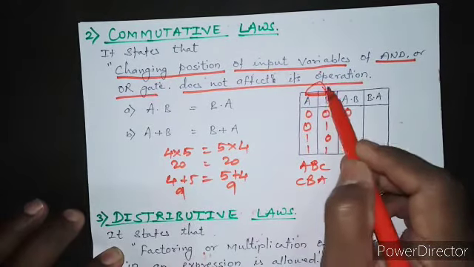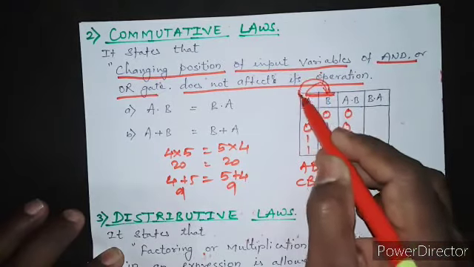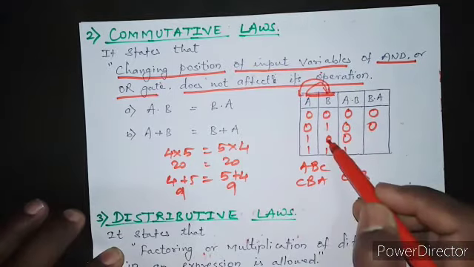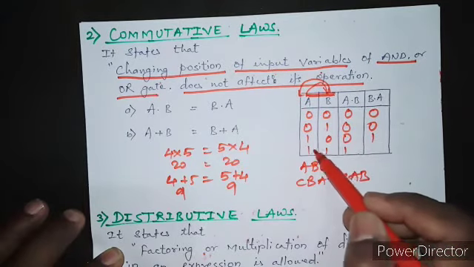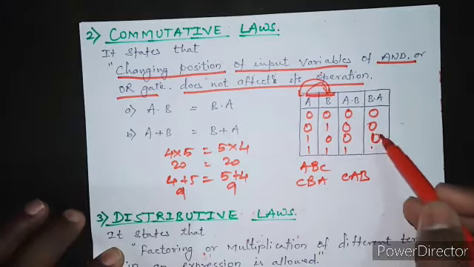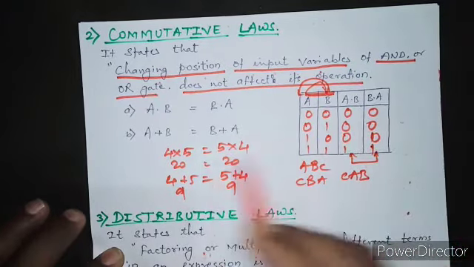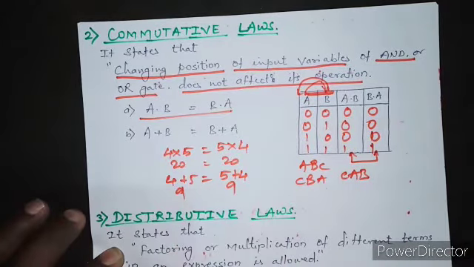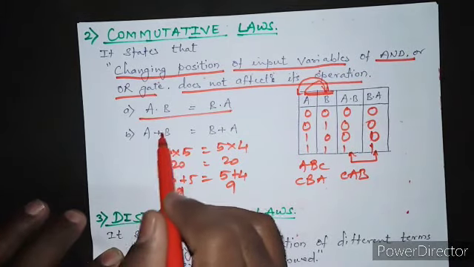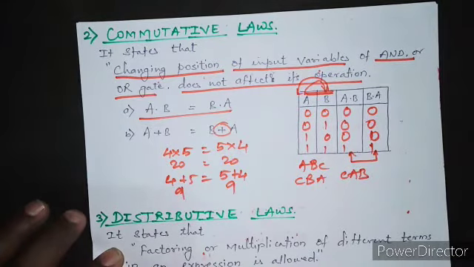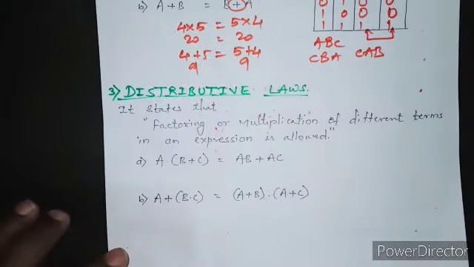I have done A dot B. Now let us do B dot A. 0 into 0 is 0, 1 into 0 is 0, 0 into 1 is 0, 1 and 1 is 1. So these both are the same, that is what we have written here. Similarly, we can prove it for the ORing operation also. Quite easy it is.